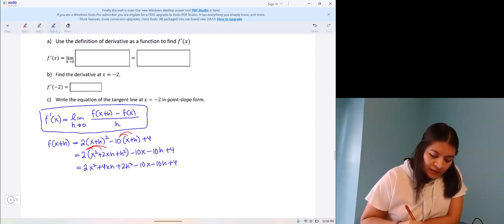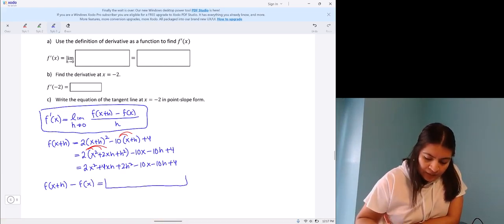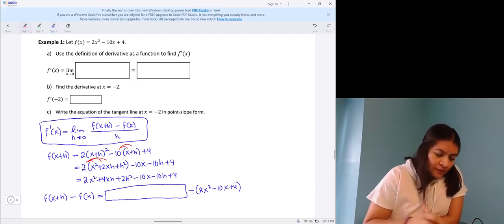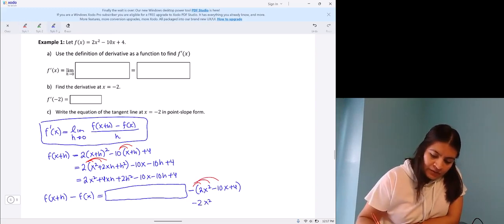Now f of x plus h minus f of x. So I'm just going to do it as a side work. What happens when I subtract f of x? We have all this crazy stuff minus f of x, which is the original. The original is 2x squared minus 10x plus 4. We have to distribute a negative, which we get negative 2x squared plus 10x minus 4.